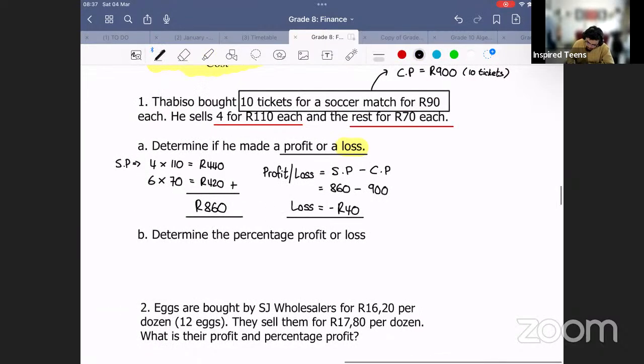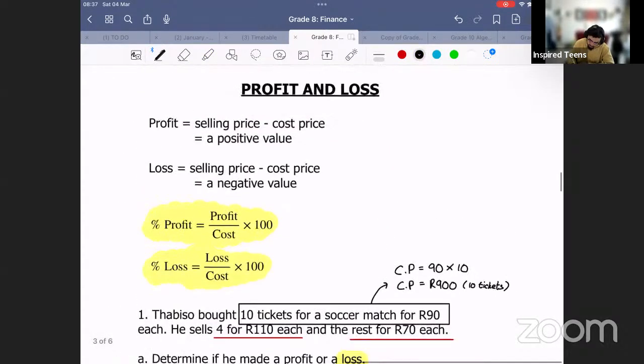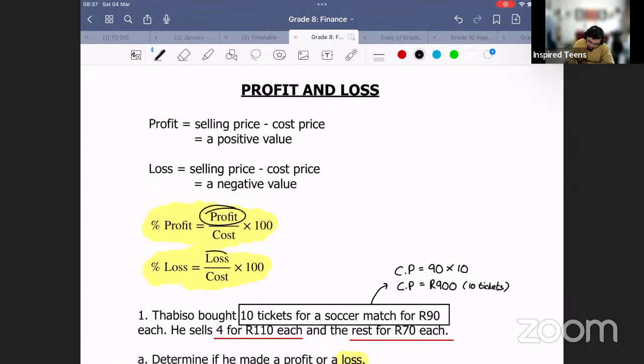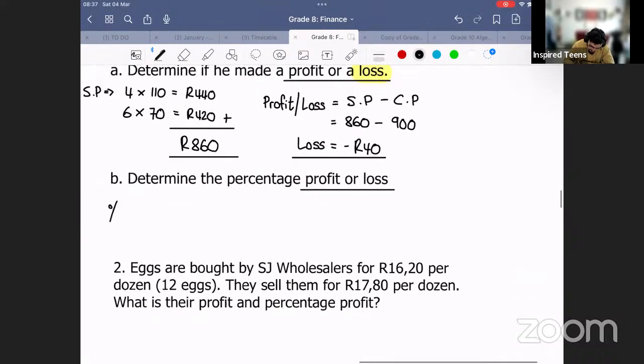Determine the percentage profit or loss. Okay. Again, both are the same formula. We're either going to take the profit or the loss, depending on what the person made, divided by the cost and multiply it by 100. So in this case, we are going to do loss. So percentage loss is equal to the loss, which is 40 rand, don't put a negative, divided by the cost price, which is 900 rand.